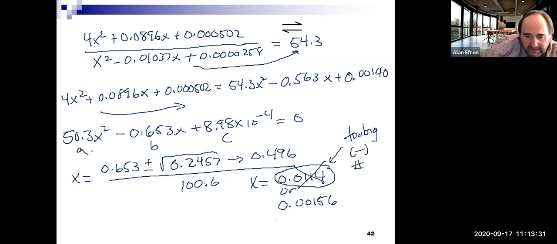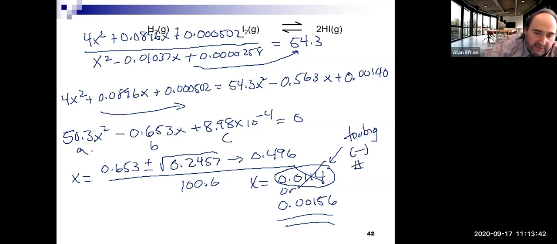So that means that the correct x value that we need is right here, 0.00156. And now we could actually solve for everybody's concentration. We got for our H2, it would equal our initial 0.00623 minus 0.00156.